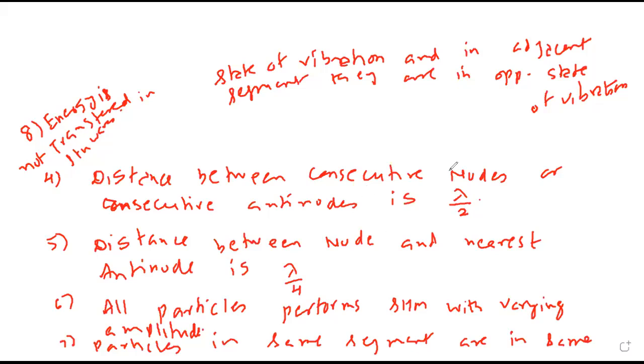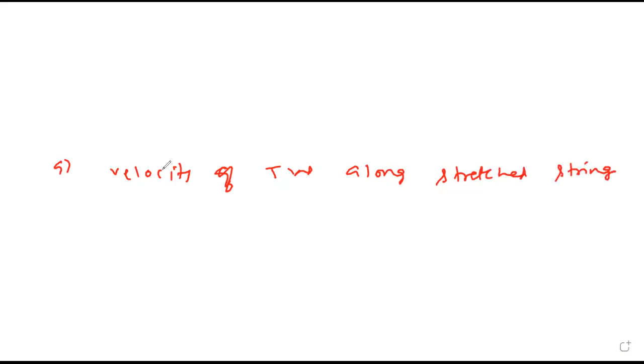The velocity of a transverse wave along a stretched string is v equals root of T upon small m. T means tension, small m is mass per unit length, also called linear density.